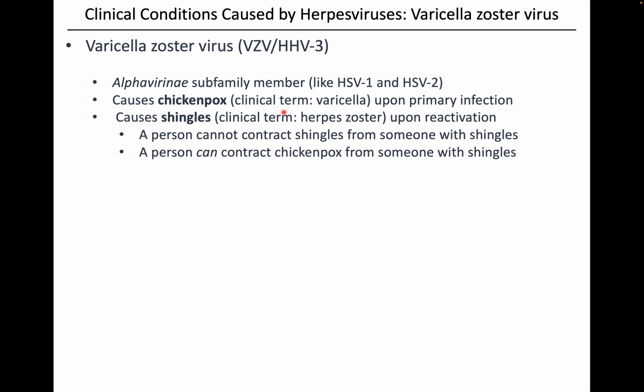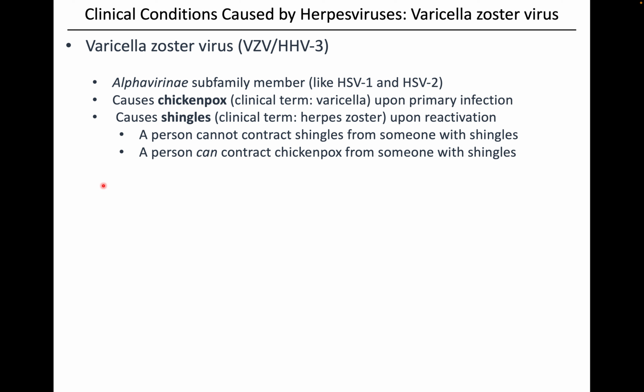You're going to get chickenpox upon primary infection, and then reactivation as an adult, usually at age 50 or above, will cause shingles. Both are very contagious, but you can't catch shingles from somebody with shingles.